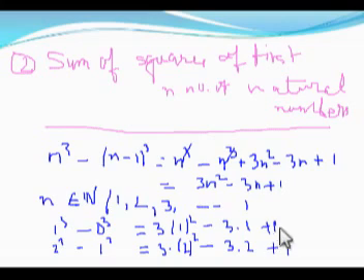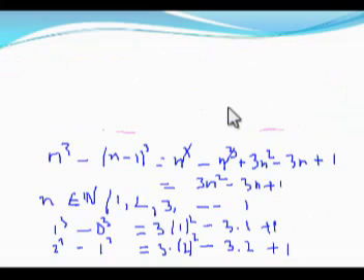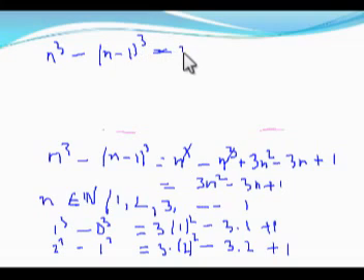In this way, if we continue, we will get the last line: n cube minus (n minus 1) whole cube equals 3n square minus 3n plus 1.